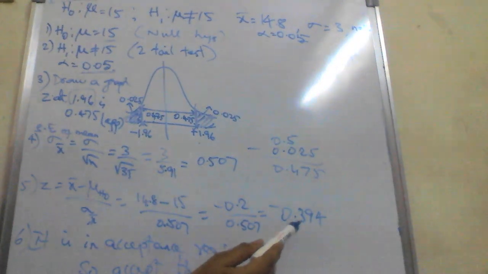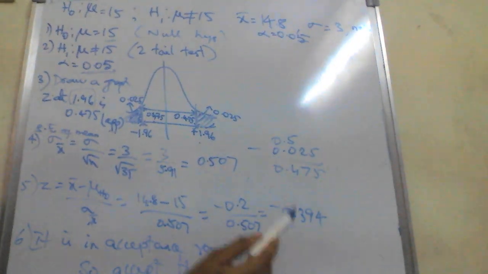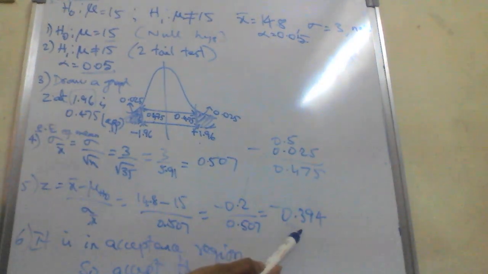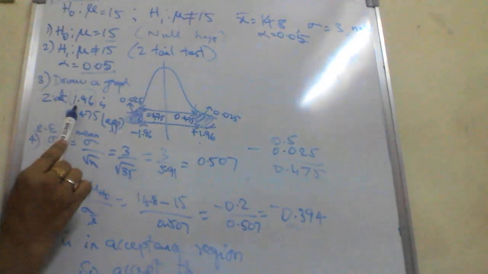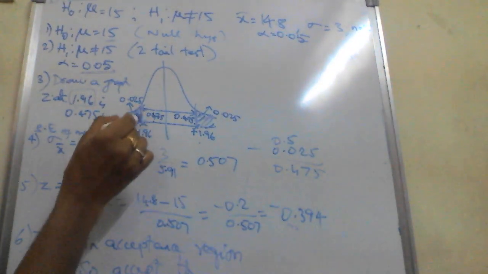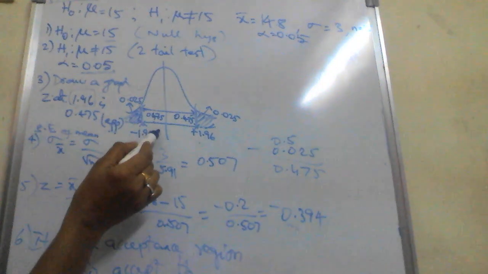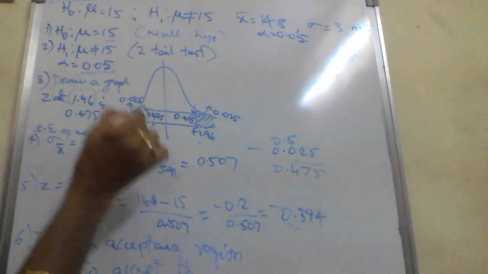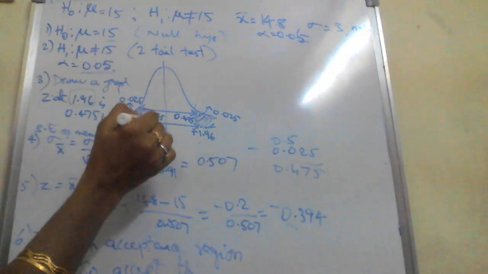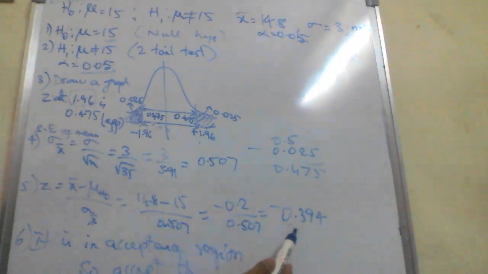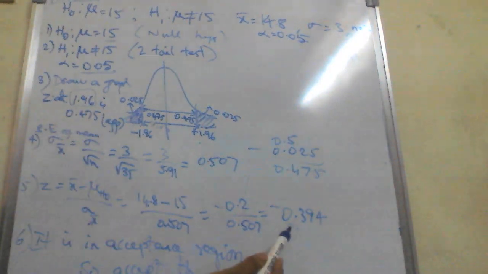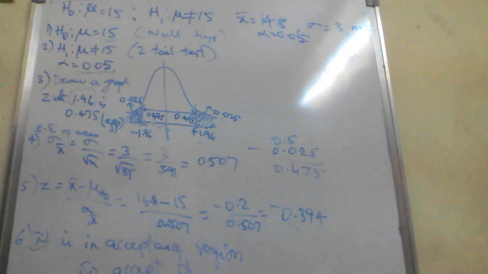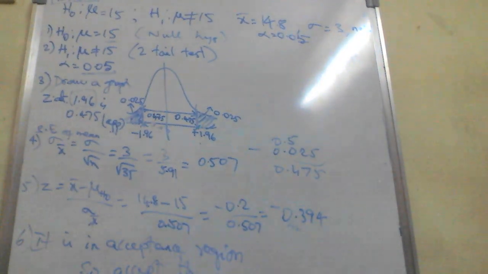So it falls somewhere before 1.96. Because this is minus, we go to the negative part, so somewhere here you have minus 0.3. Because this is less than 1.96, it falls in the acceptance region. Because it is in the acceptance region, you accept the null hypothesis.